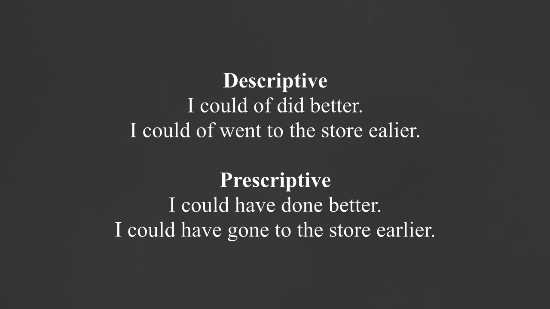And once again, the prescriptivist issue with this would be that you're not using the past participle, you're using the simple past, or the preterite, and you're also not using the right auxiliary verb. Some people literally write, I've seen this on the internet, I could of, as opposed to could have, or could of went. But like I said, many native speakers, particularly of the American variety, will use this construction, and it's fairly common.